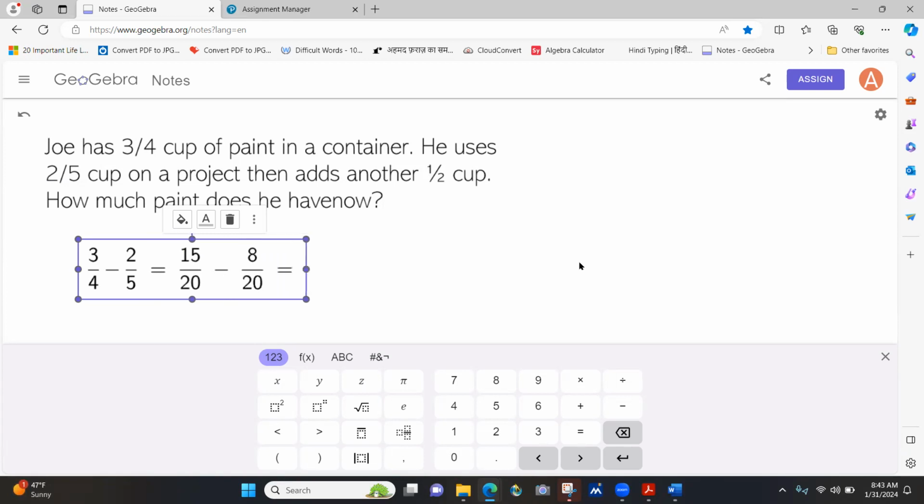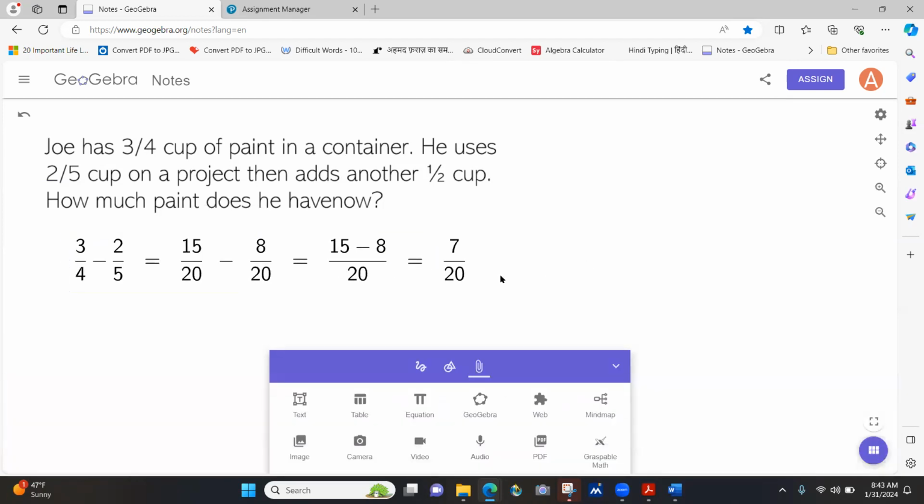Now that I have the same denominators, 20, I can write 15 minus 8 is 7 over 20. He has 7/20 of a cup.